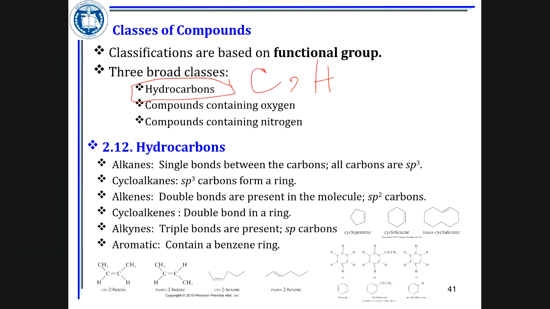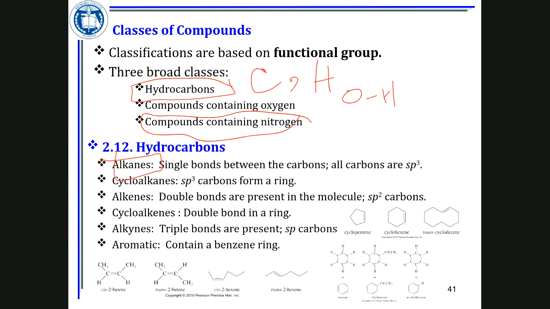Then you have compounds that contain oxygen. That could be a functional group like alcohol, acid, ether, ketone, aldehyde. And then you have compounds that contain nitrogen. So what are hydrocarbons? The first class of hydrocarbon is going to be alkane.